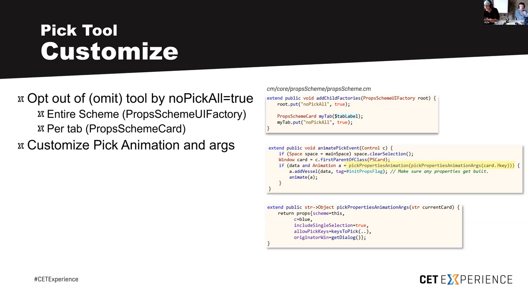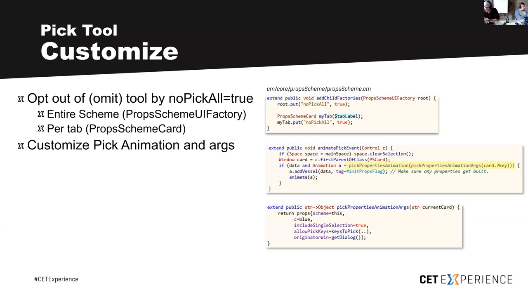The pick properties animation args is that method on the bottom. You'll notice one of those arguments it's sending in, include single selection, is by default set to true. That's going back to what we looked at last slide. You could modify that if you want, but that is where it's coming from, and that's how it's pulling in all of those snappers by default.